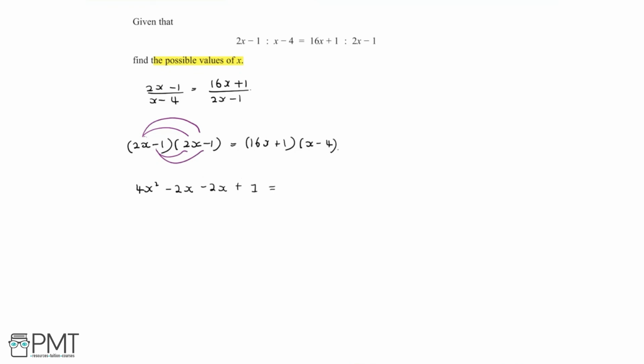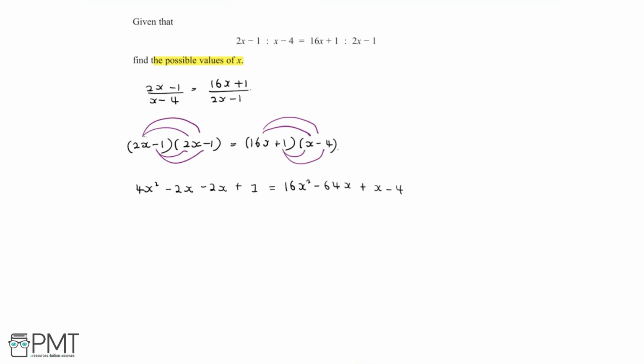Now moving on to the next set of double brackets, we have 16x multiplied by x, which is equal to 16x squared. We then have 16x multiplied by minus 4, which is equal to minus 64x. Then we have 1 multiplied by x, which is equal to plus x. And finally, we have 1 multiplied by minus 4, which is equal to minus 4.